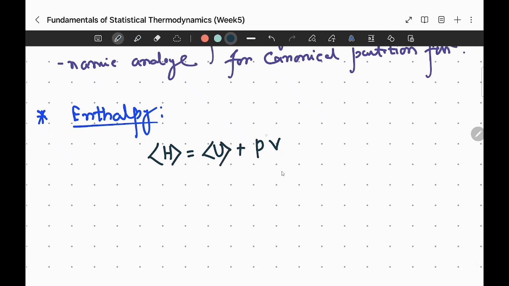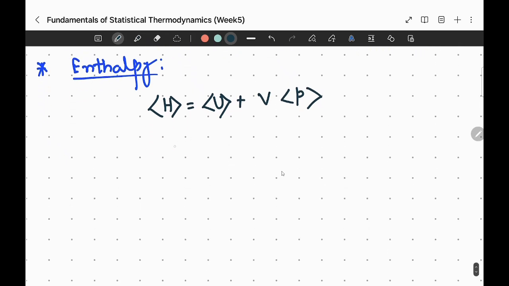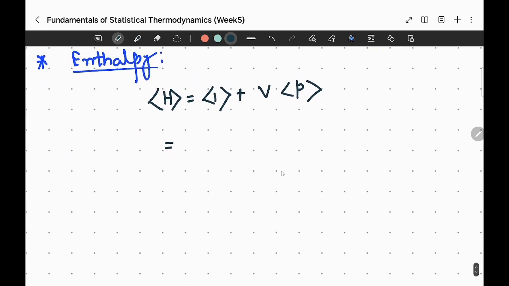Volume is constant, so this will be there. You know U average, this is essentially the E average, which is KBT square del ln Q del T at N, V. I thought I would discuss this part in the next class, but okay.